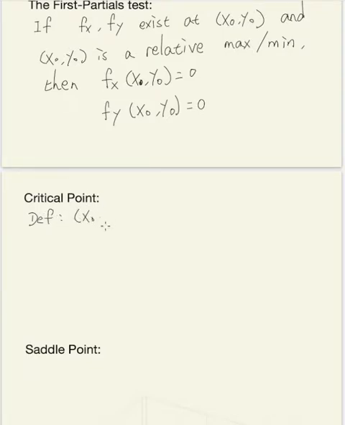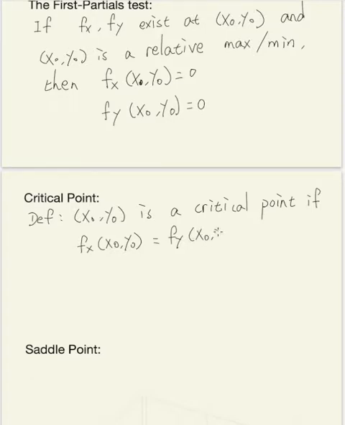X naught, y naught is a critical point if f partial x at x naught, y naught equals f partial y at x naught, y naught equals 0, or either f partial x or f partial y doesn't exist.